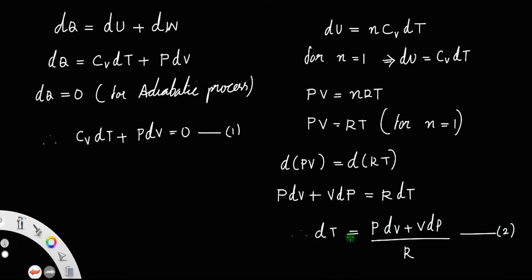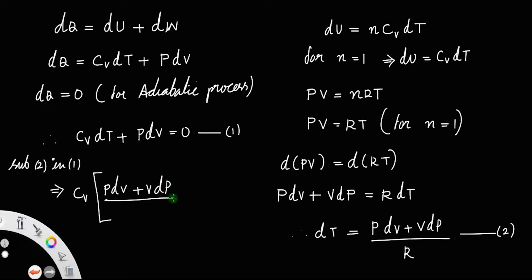Now you can plug in the value of dT in here, that is, substitute equation number 2 in 1. You will get Cv times, instead of dT you can write (P dV plus V dP) divided by R, plus P dV equal to 0.